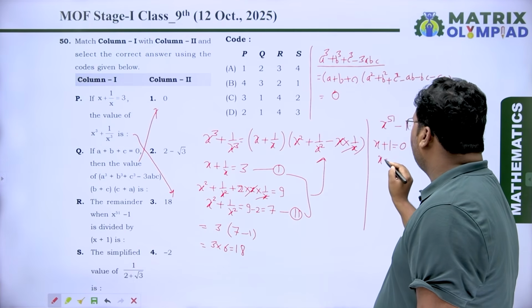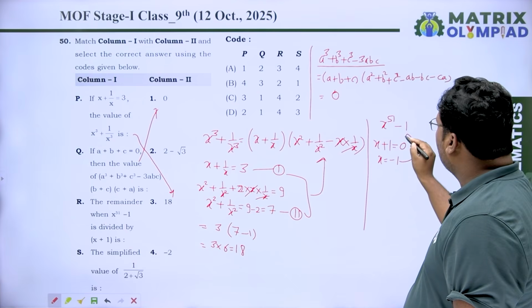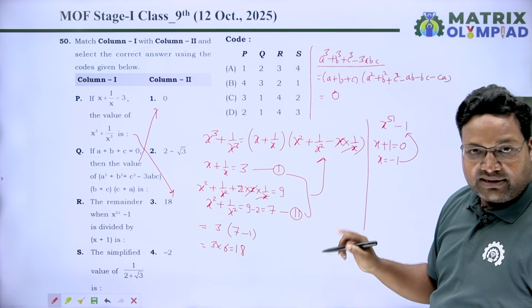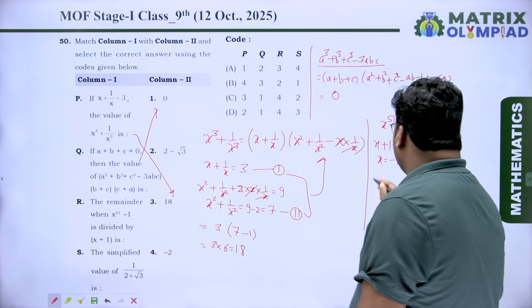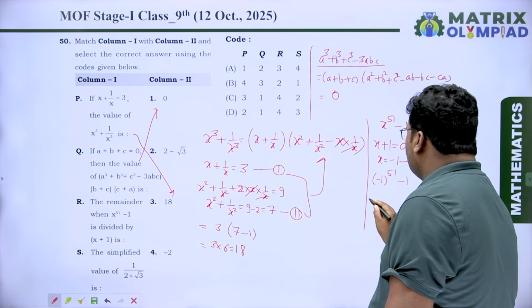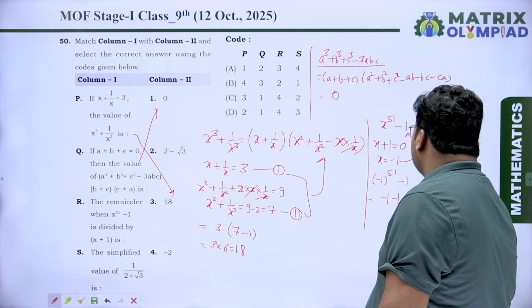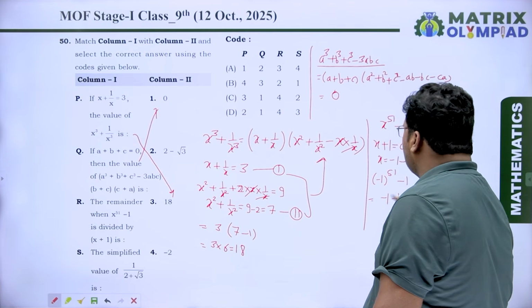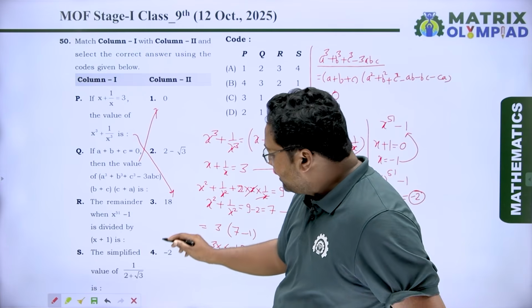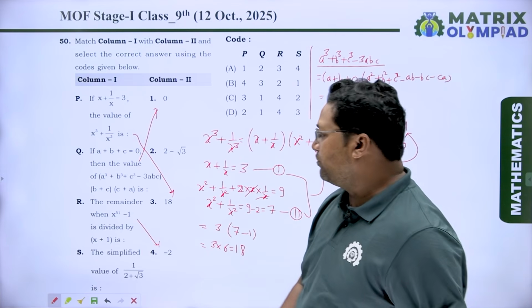So from here we get the value of x equal to minus 1. Now we substitute x equal to minus 1 in this given polynomial. So we get minus 1 to the power 51 minus 1. Minus 1 to the power 51 is minus 1, and then minus 1. So minus 1 and minus 1 is minus 2. So the remainder is minus 2, which is in the fourth. So for R, the fourth one is true.